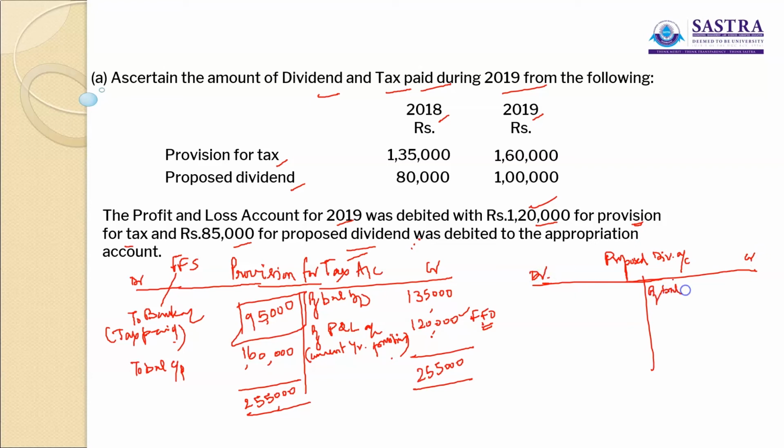So by balance brought down 80,000. To balance carried down 1 lakh. So by P&L account 85,000.